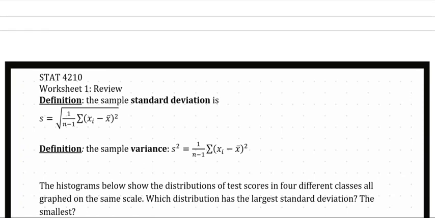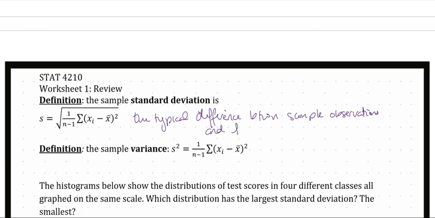The sample standard deviation is the typical difference between sample observations and the sample mean. So really it's saying how far can I expect an observation to be from the sample mean on average. This is much easier to interpret than a variance.